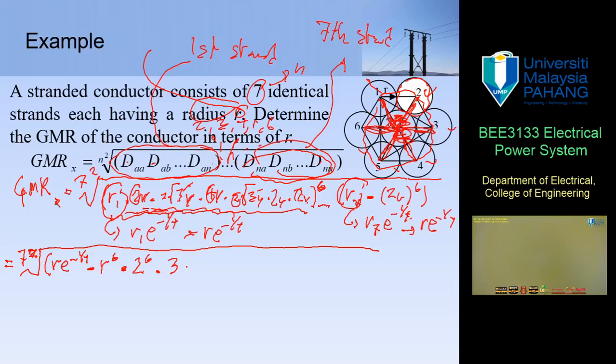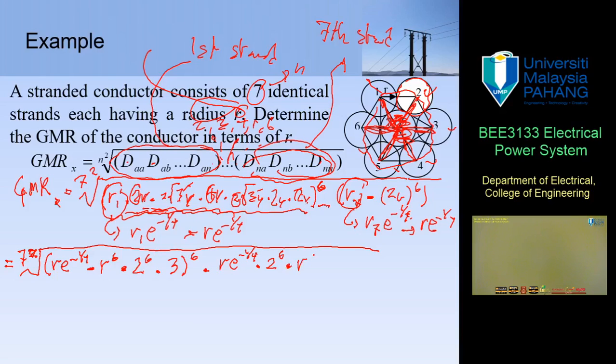Then what's next? 2R. Finish. So no more 2. Then with the power of the 6. Then here we have the R E minus 1 over 4. Then we get 2R. So here also we get 2 with the power of 6, and then the R6.